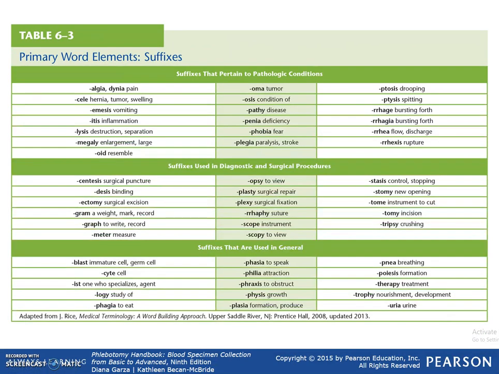There are also suffixes that come after your roots. For example, penia, which is a deficiency; pathy, which is a disease; tomy, which is an incision, so if we look at phlebotomy, it's an incision into, or a cut into, a vein.